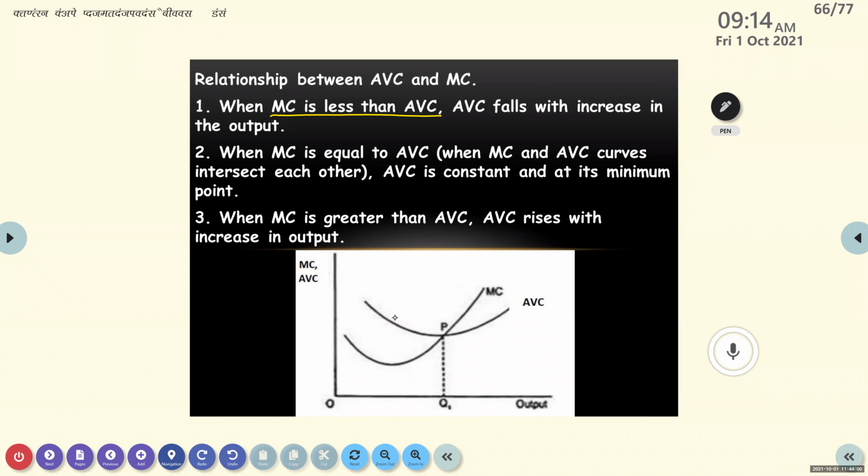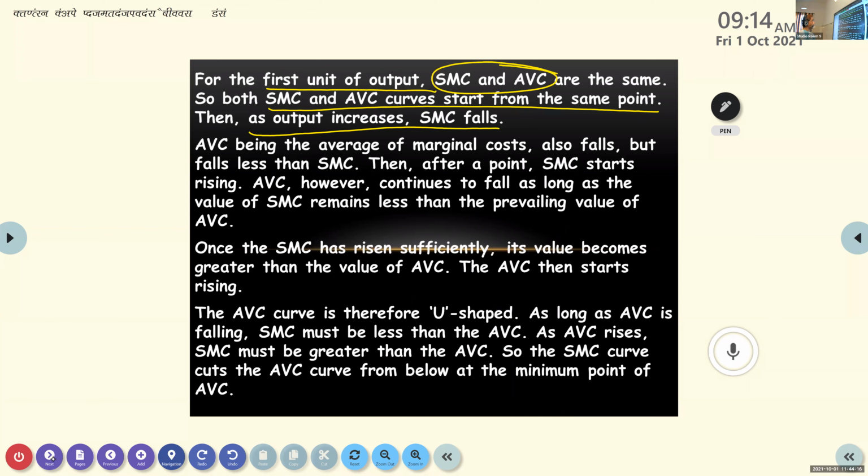So in the beginning stage, it is together, then only it is getting separated. In this graph it is not shown, but actually it is like that. So the first point related to the SMC and AVC is the same. Both these curves start from the same point. Then as output increases, SMC falls and AVC starts. AVC will be a little bit above that.